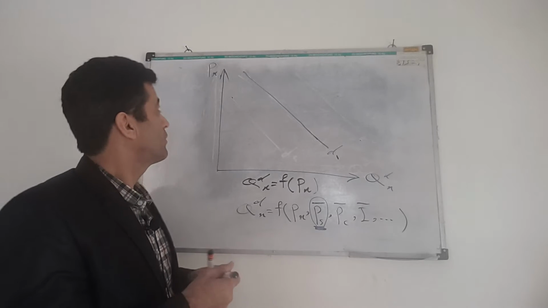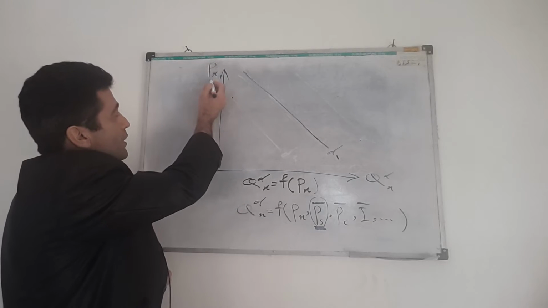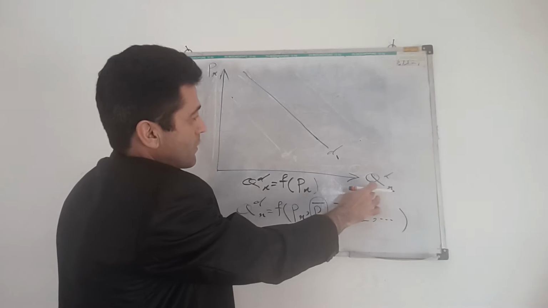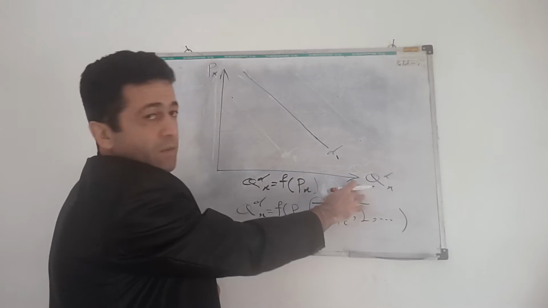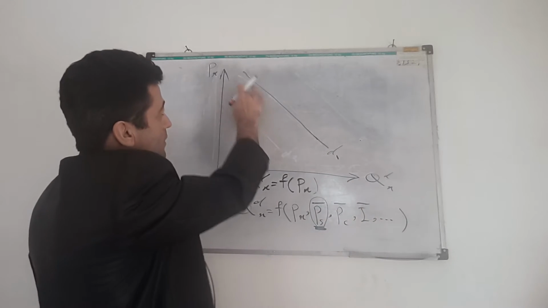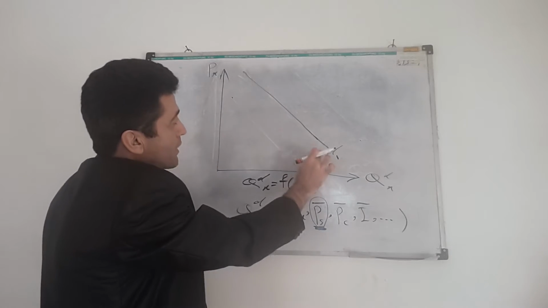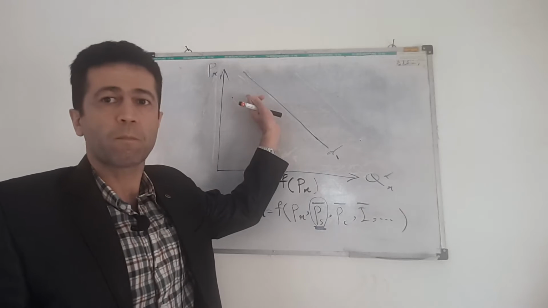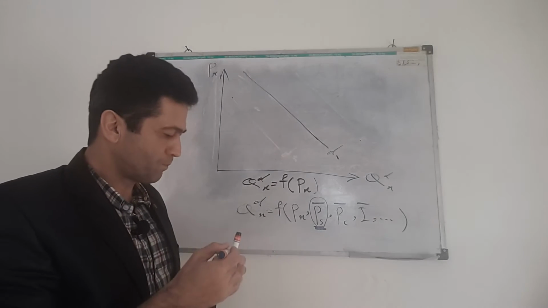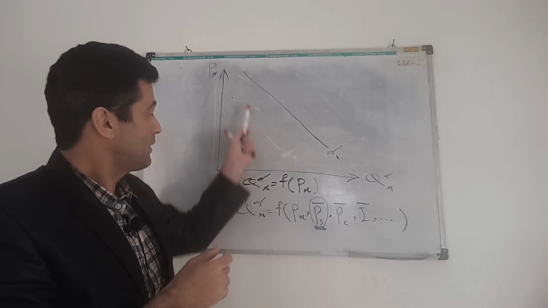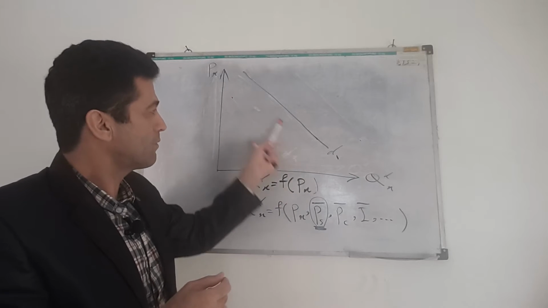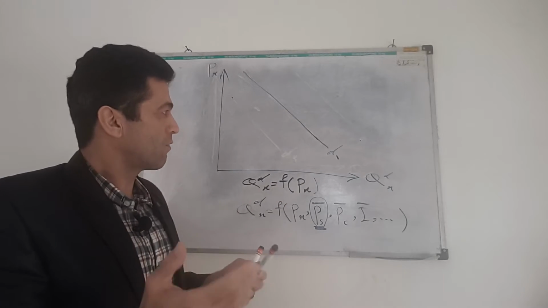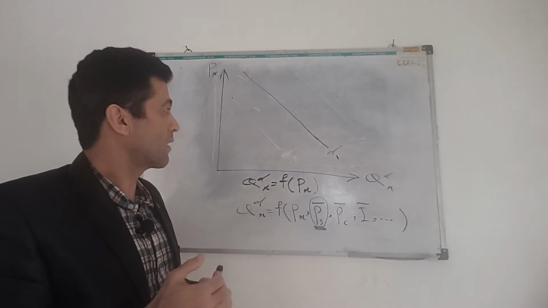If we consider the price of sugar on the y-axis and the quantity of demand for sugar on the x-axis, the demand curve for sugar has a negative slope. Now in this curve, we consider the price of chocolate constant.